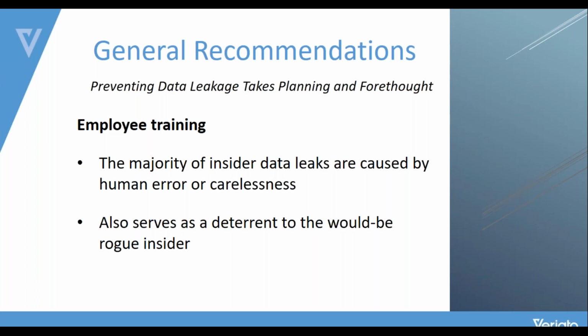One of the biggest things, I believe this is number one, whatever technology you buy, whatever type of process you put in place, the most important thing I told you is the human element. Therefore, employee training is going to be the most important. The potential rogue employee or the corporate spy is going to be a significant security concern. But I told you the majority of the insider data leaks are going to be caused by human error or just by carelessness, as my first bullet says.